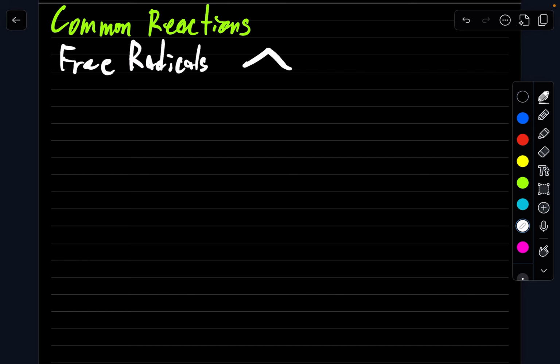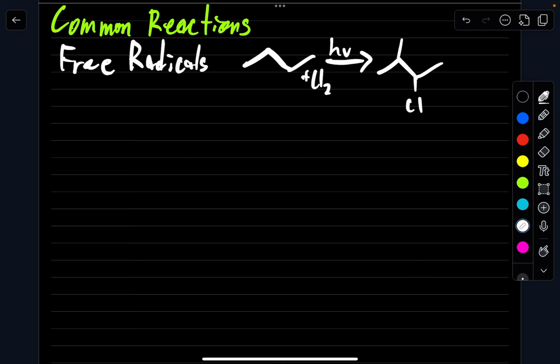So an example would be something like this, with UV light and let's say chlorine. That would give a product something like that. I will not be going into the mechanism in this video. That's going to be another video. So these are for alkanes.